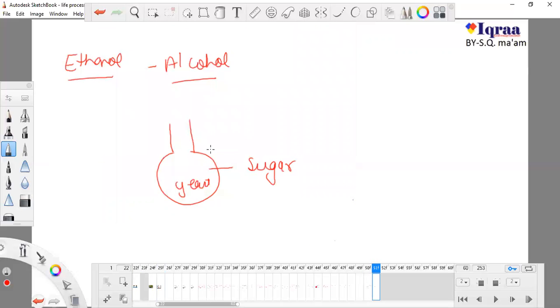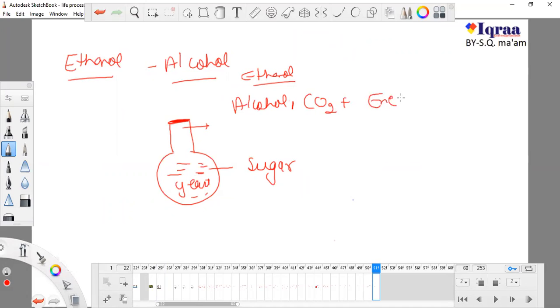So it will produce without oxygen. Just cover this and remove all the oxygen, and it will produce alcohol. This is how alcohol is produced. Second, it produces carbon dioxide, and last but not the least, energy.